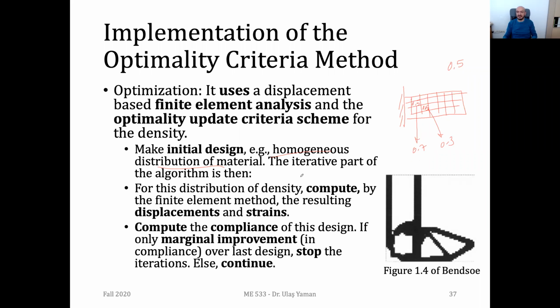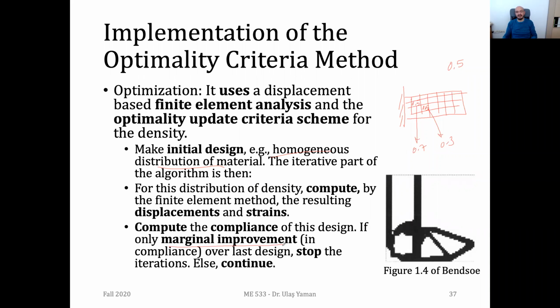And then once you have it, you repeat these steps, do another finite element analysis, get another result, and check if it is fine or not. If it's not fine, you go on with the next design. But at some point, you will realize that there is no marginal improvement in terms of the compliance.